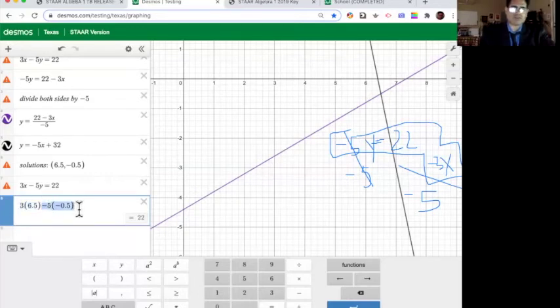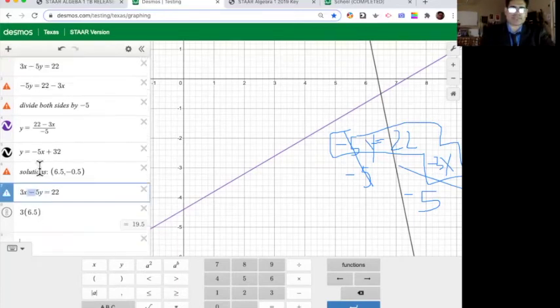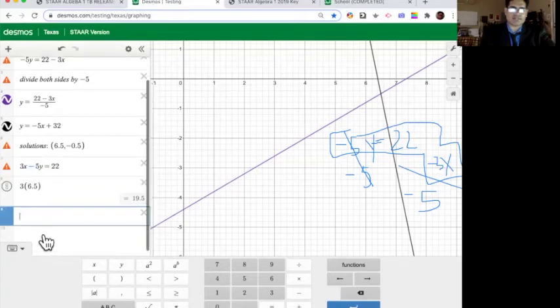What we want to do is get these apart, 3 times 6.5, because it's going to change our value. We can't count on that to hold unless you put some brackets. Let's make it easier. So we have 19.5 in the 3 times x, -5y.